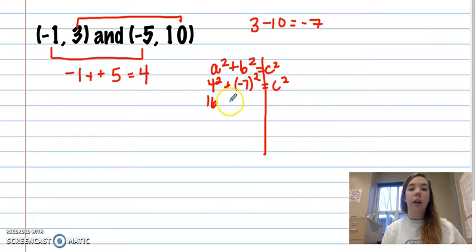Negative 7 squared is positive 49. But if you forget to type this in your calculator with parentheses, it's going to tell you it's negative 49. But really, two negatives make a positive. Okay, you could also just use regular 7 because the negative is going to cancel after you square it. 16 plus 49 is 65.